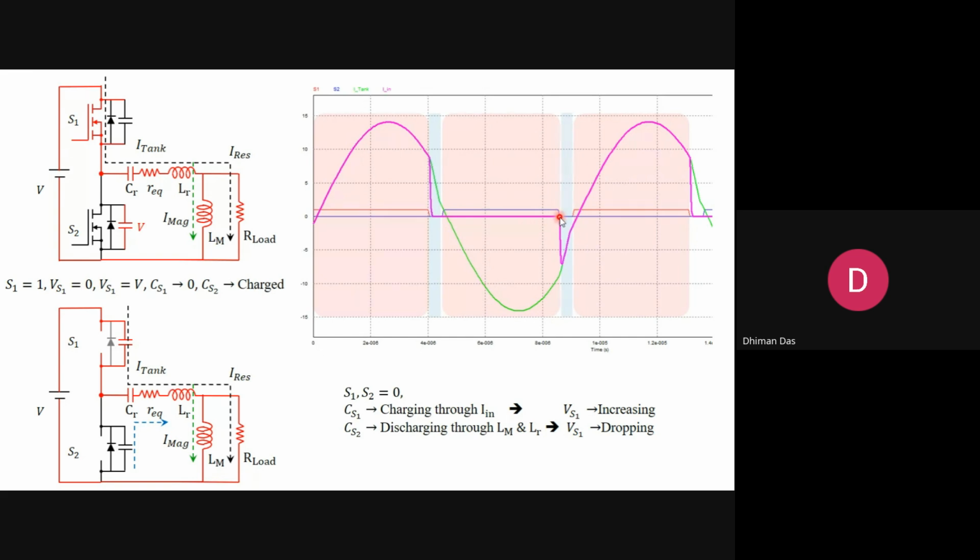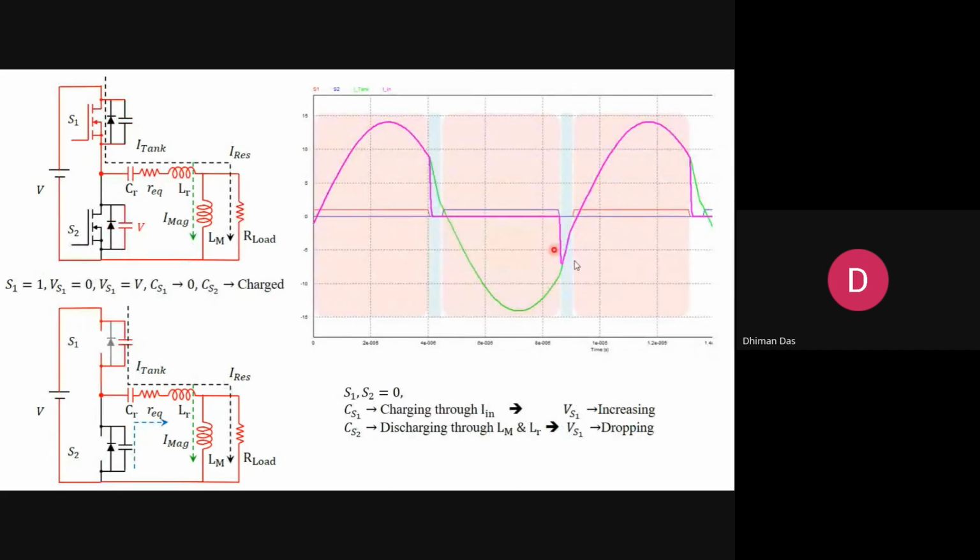Now you can see there is a negative version of the source current. That means some current is pushing towards the source, which is a reactive current. When you push the current back to the source, in the negative direction, that is called reactive current.